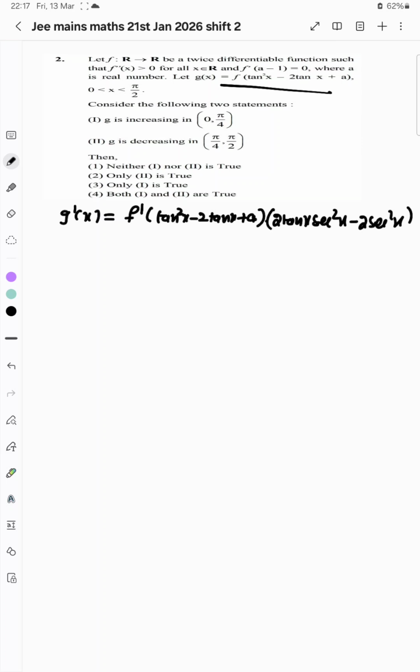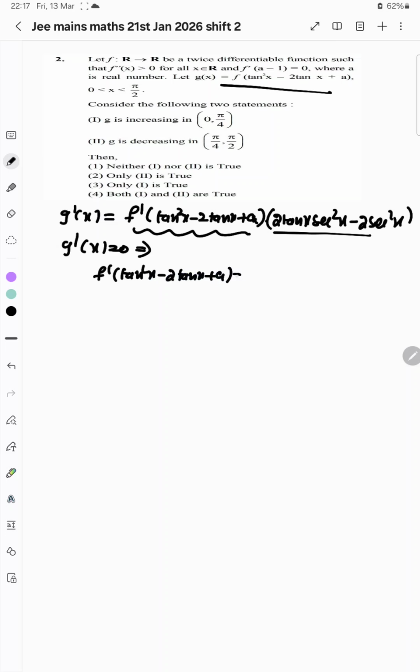When you equate g dash of x is 0, what we will get here? Observe. So g dash of x is equal to 0 implies either the first factor is 0 or the second factor is 0. So, f dash of tan square x minus 2 tan x plus a is 0, or else from this we can observe 2 secant square x we can take common. So 2 secant square x taken outside means tan x minus 1 is the leftover, equal to 0.